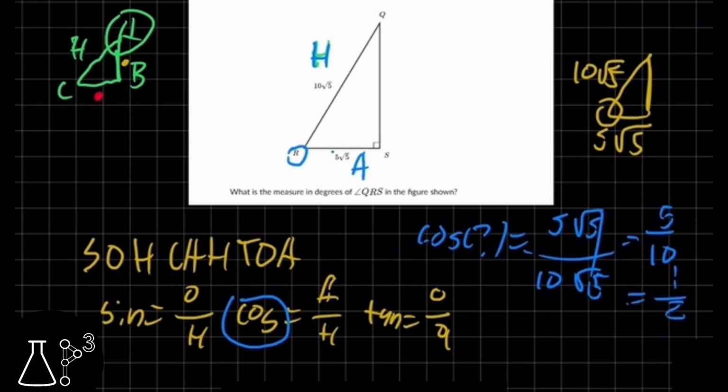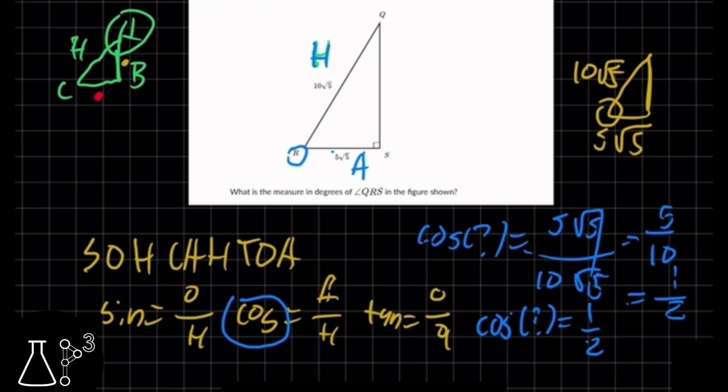So the actual equation is that we're looking for an angle R where the cosine of the angle equals 1/2. Now the easiest way to figure out the answer is memorizing your unit circle, because the unit circle is, in my opinion, the best way to solve a question like this.